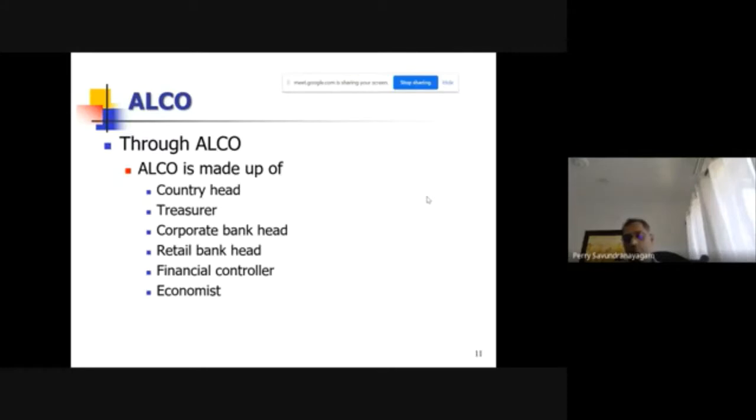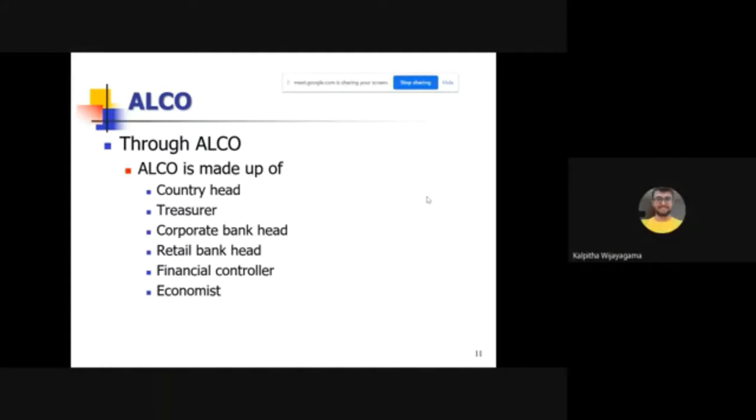So ALCO is made up of these people: country head, CEO, treasurer, corporate banking head, retail banking head, financial control, economist. Now, economist depends. Why economists? Why do you think? To understand the macroeconomic status of the market.